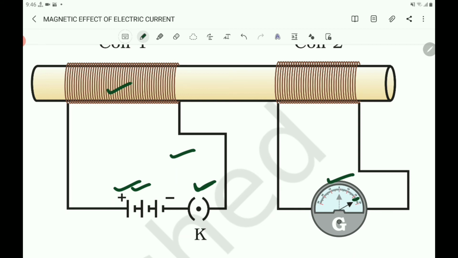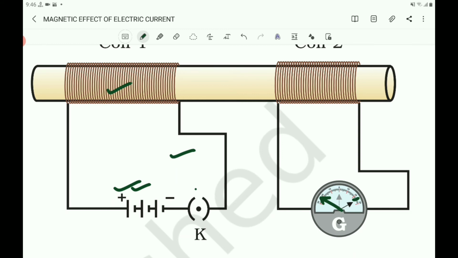Disconnect coil 1 from the battery. You will observe that the needle momentarily moves, but in the opposite direction. Disconnecting the coil means removing the key. Then the pointer moves instantly to the opposite side.